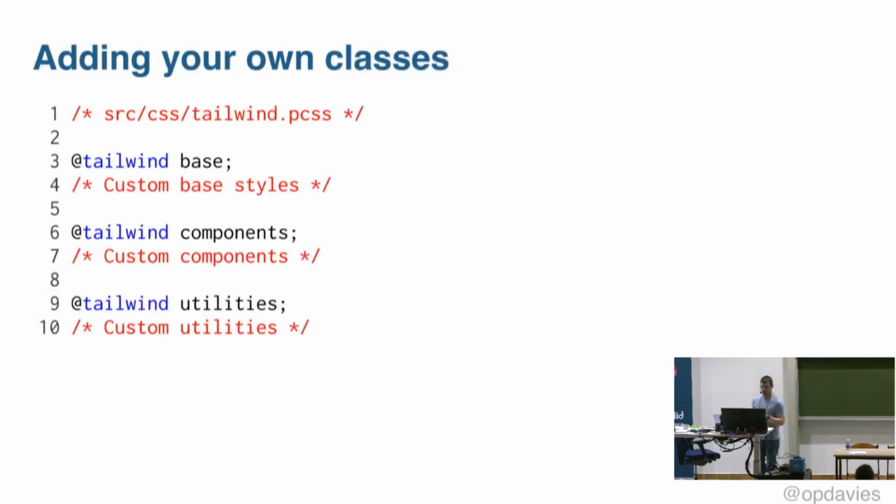And this is where the ordering becomes quite important if you're going to add new things. So we want our custom utilities to override Tailwind's utilities, and we want those to override the custom components. We want our custom components to override the Tailwind ones. So we've got to put them in the right order, essentially. So Tailwind base, our base, Tailwind components, our components, Tailwind utilities, our utilities, in that order, because we want things to cascade, because CSS.